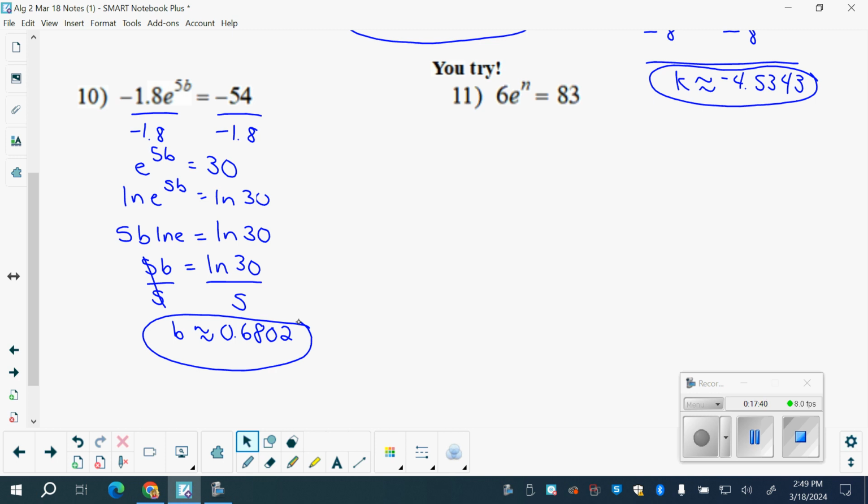Yes, good job. Good job with rounding too.